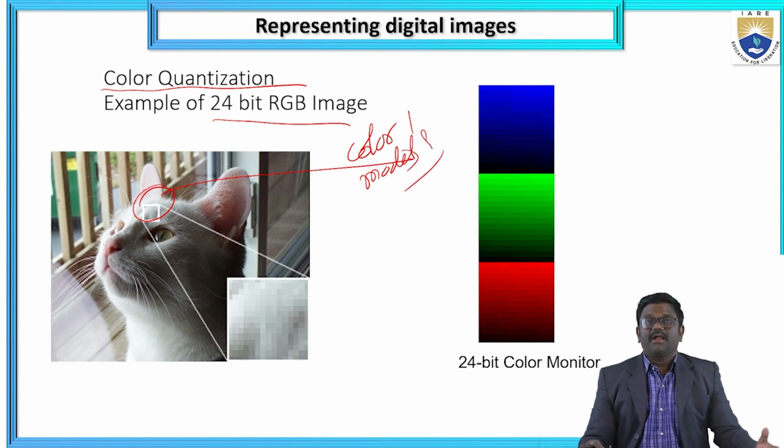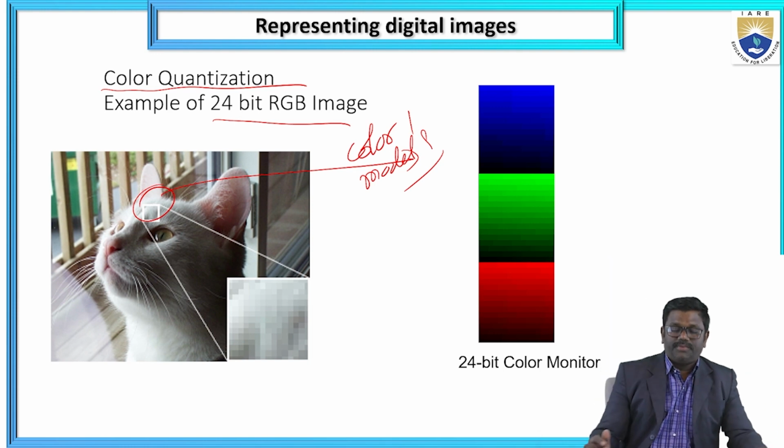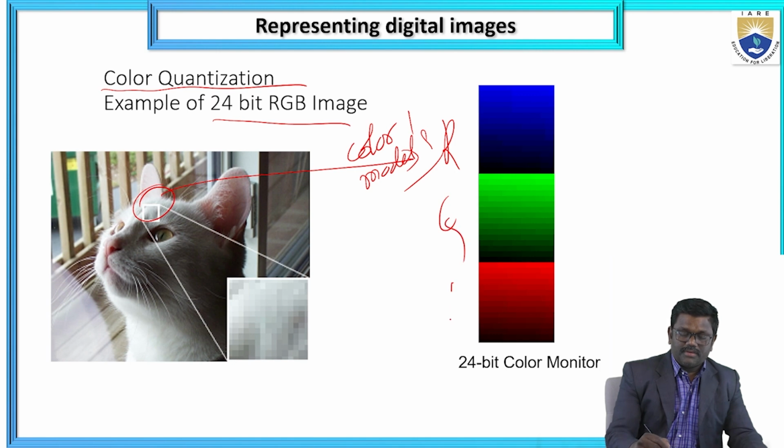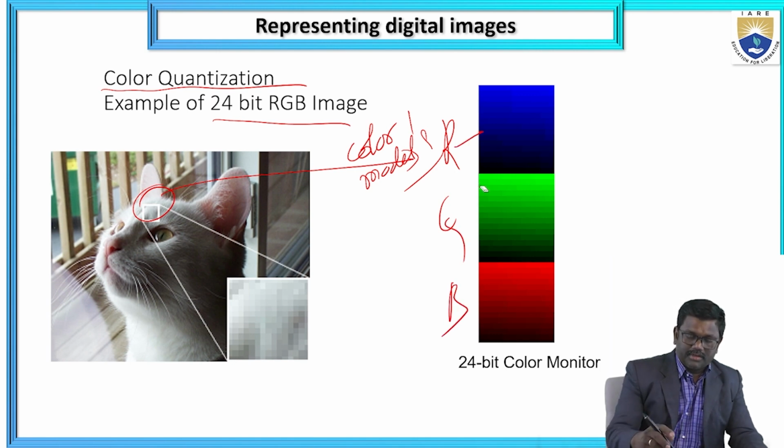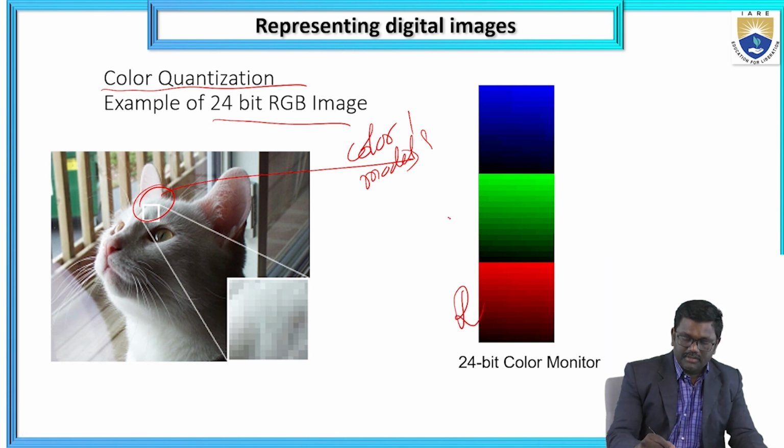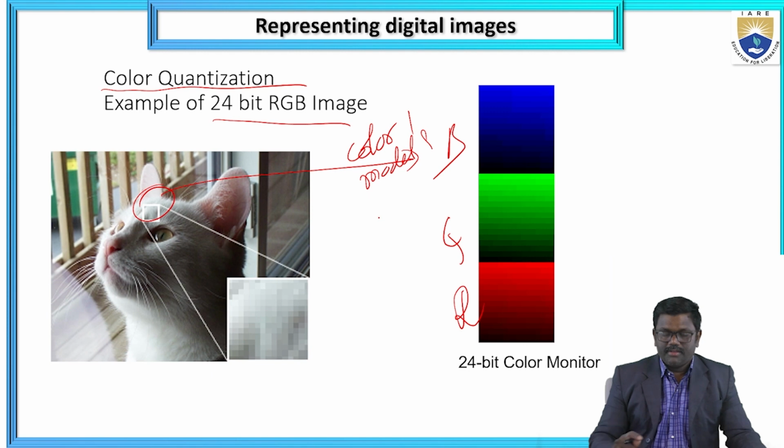But the point here is how we represent a color image in RGB. Sorry, I wrote it in reverse. R is red, green, and blue.